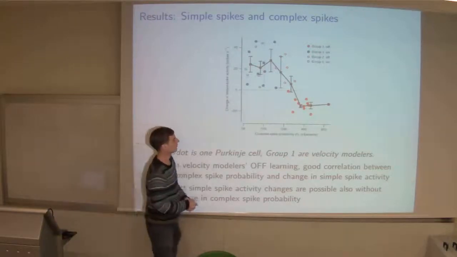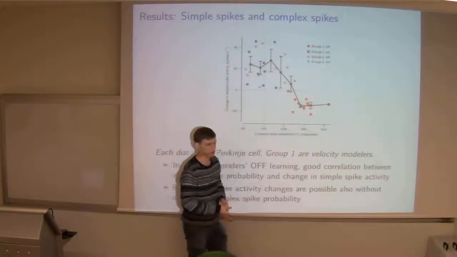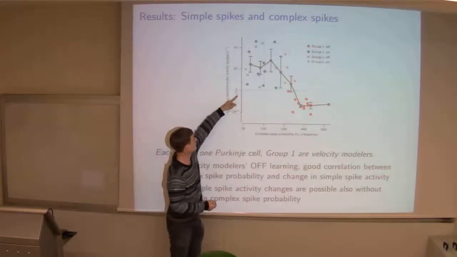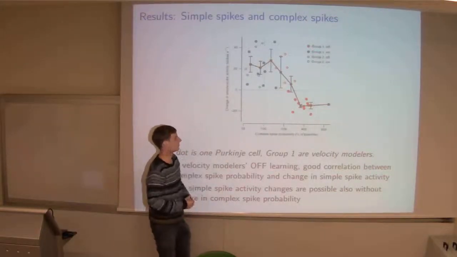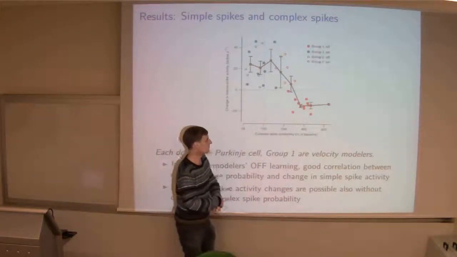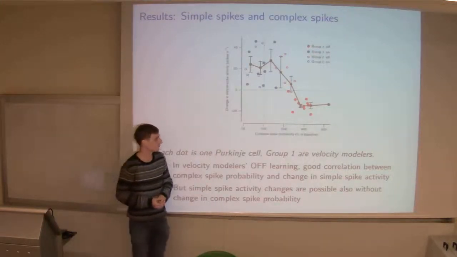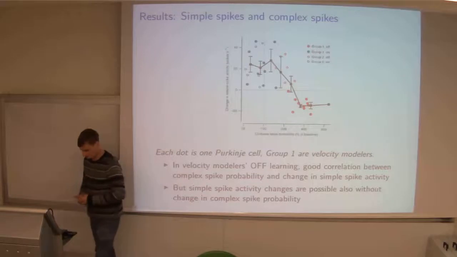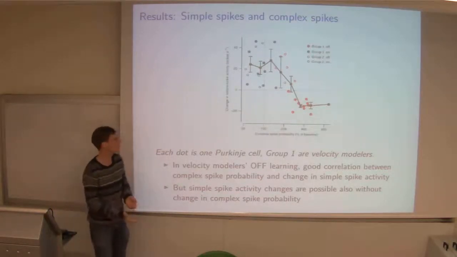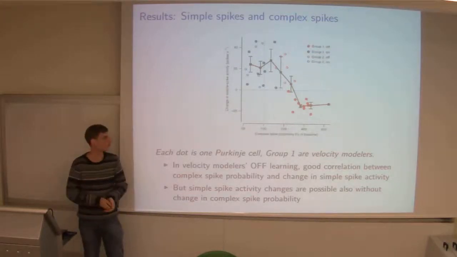And you can see that for the filled red dots there's a huge increase of complex spike probability versus baseline, and also a big decrease in simple spike activity. It's a good negative correlation. So it means that at least for the filled red dots, more complex spikes lead to a bigger decrease in simple spike activity, which makes sense according to their model.